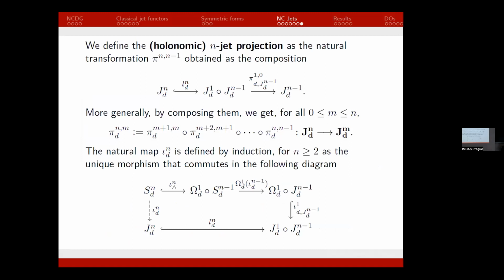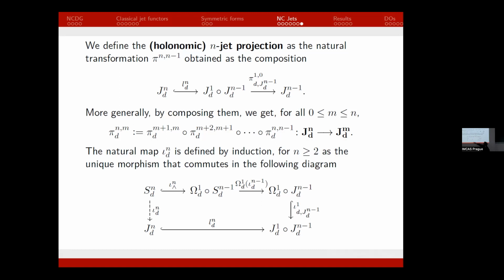Okay. So now we can define the missing elements. We have the jet projection, which is defined by taking the n jet into the one jet of the n-1 jet and taking the product on the first part and then going to the Jn-1. We define a more general projection by composing these elementary projections.